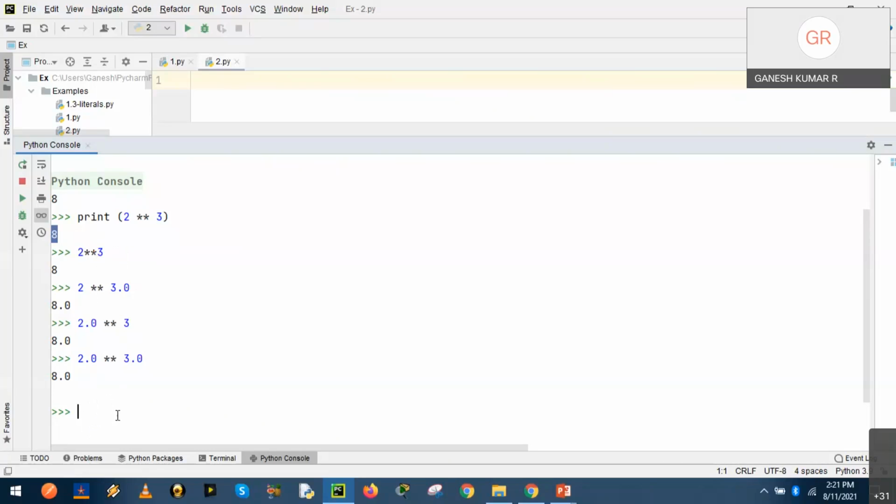Let us take the same example, 2 asterisk 3, a simple multiplication. The asterisk sign is a multiplication operator, which manipulates the values and gives the result. Now 2 into 3 dot. What will be the output? Any guess?